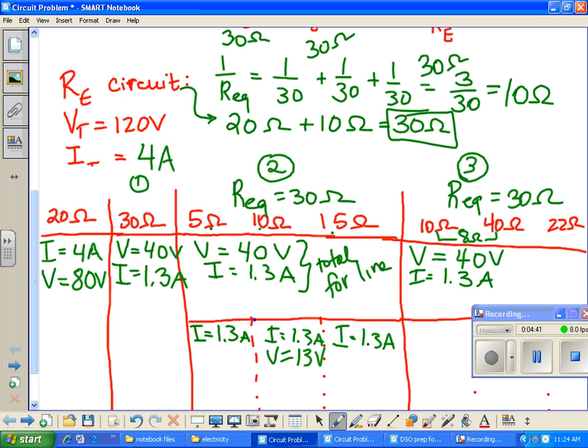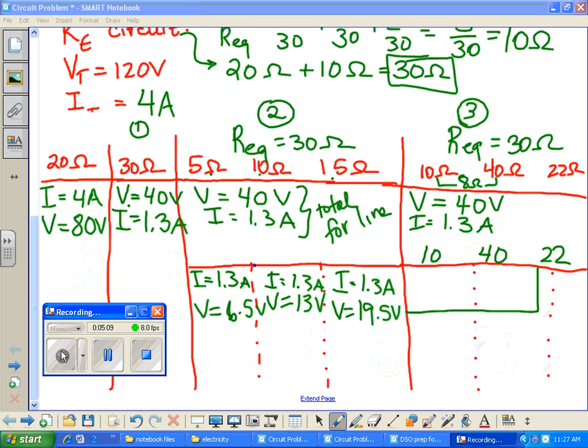So that's the total for the entire line. The middle one, the 10 ohm resistor, should have 13 volts. The 5 ohm resistor should have 6.5 volts. And the 15 ohm resistor should have 19.5 volts. These should add up to be approximately 40 volts. If it's not exactly perfect, it's probably because we rounded differently.